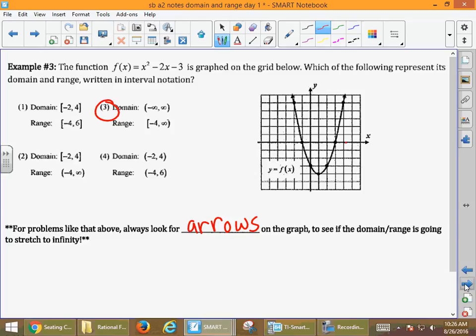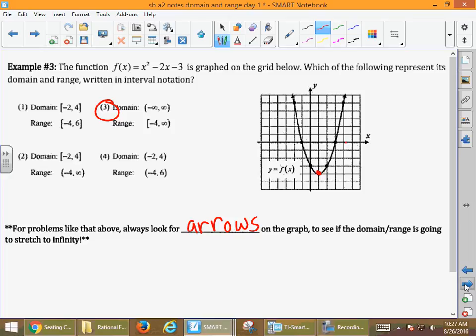I do want to talk about that for a couple seconds longer, because I don't think I did that good of a job of explaining. With respect to the range, what I like to ask is, do we have a high point or a low point in the graph? That's for the range, for the y values. Well, we have a low point in this graph right here.